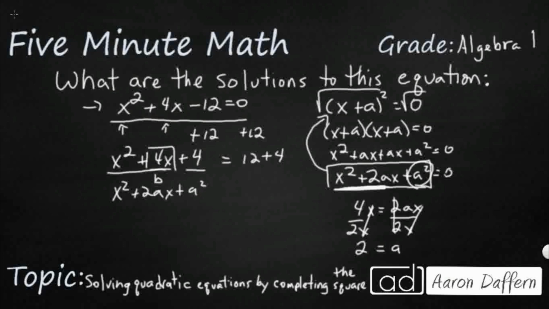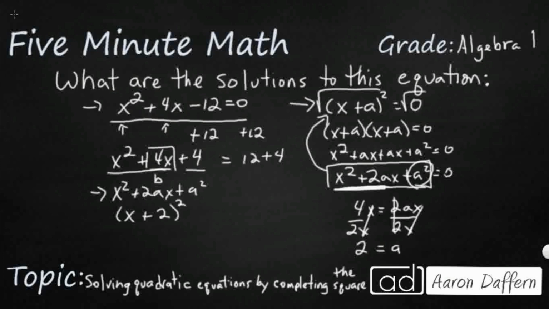So what I can do now is simplify this, and I want to make it look like this. So this is going to be my (x plus a) squared. Well, it's (x plus 2) squared, remember my a was 2, and if you FOIL that out, (x plus 2) squared gets you x squared plus 4x plus 4.